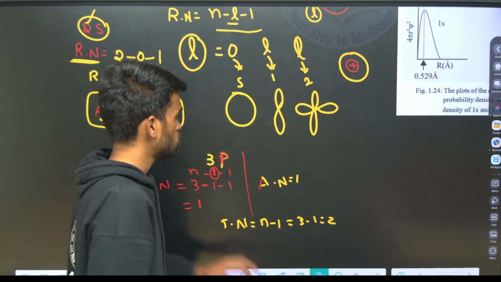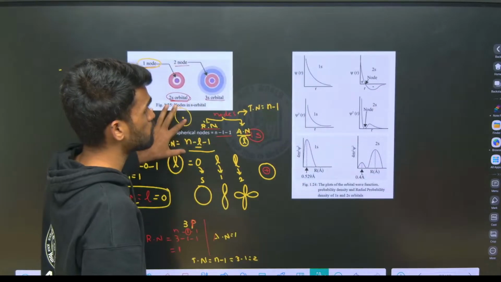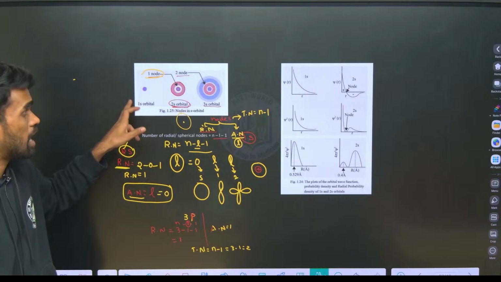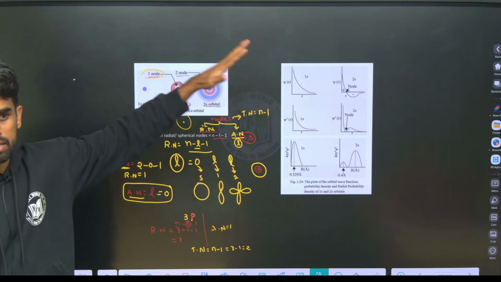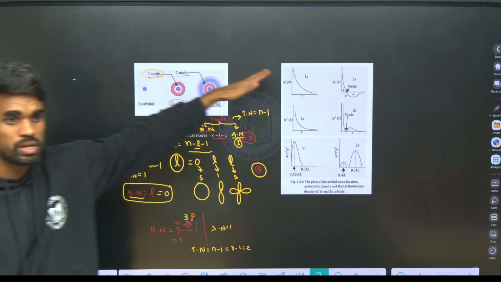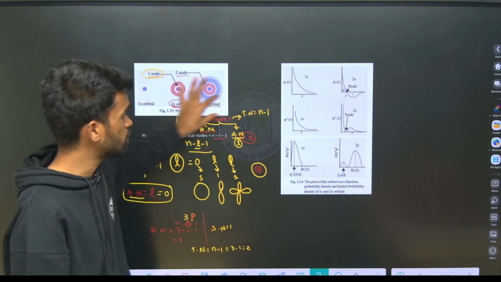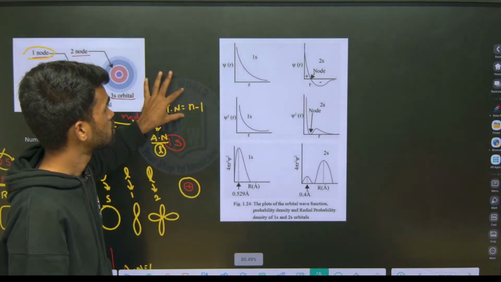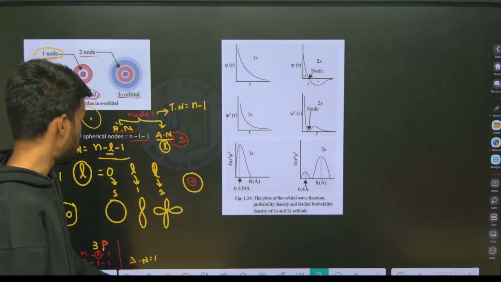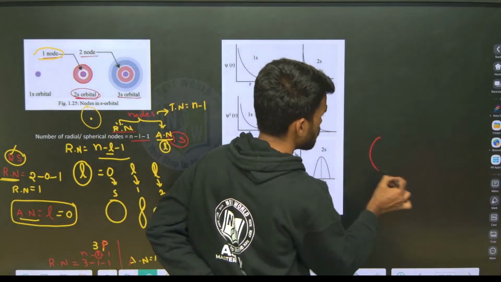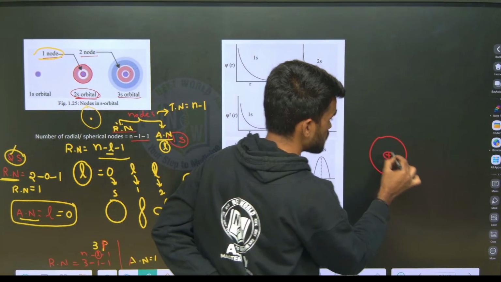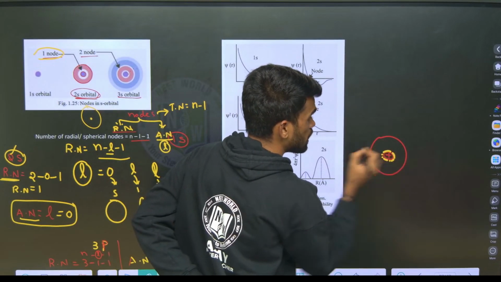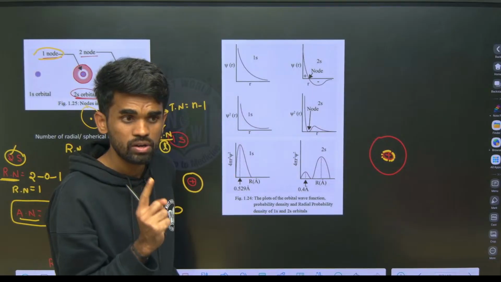Yes. Okay. So now we have some graphs to represent these orbitals, like which graph represents the 1s orbital, or which represents 2s, in the given options. So just look here. For the 1s orbital, we have the nucleus here. The probability of finding the electron is maximum very close to the nucleus in case of 1s.